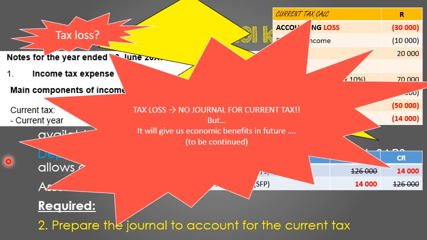So yes, there will be some economic benefits, and we actually might have an asset, but it's not current tax. That's why I'm saying here, to be continued, because when we get to deferred tax, you'll see what we do with this tax asset. But please, for current tax, no journal. And don't show me a current tax income in the note. Please, there will be marks deducted for that as principal errors.